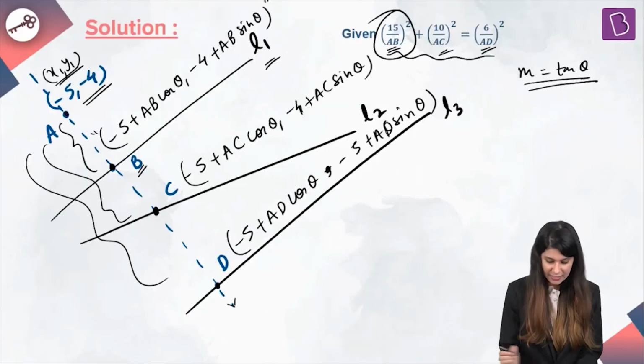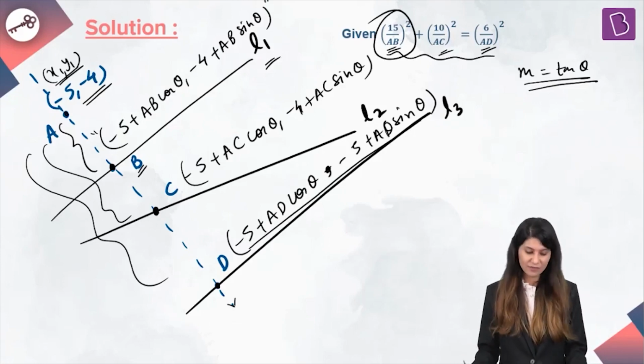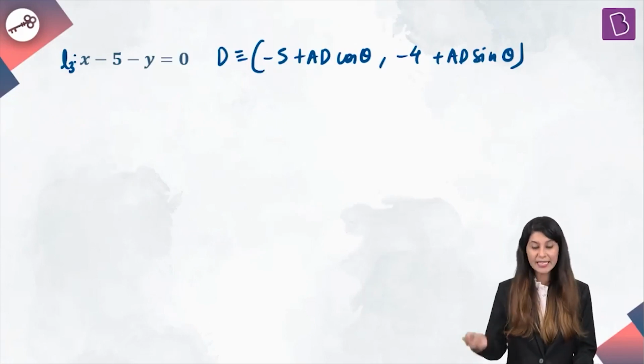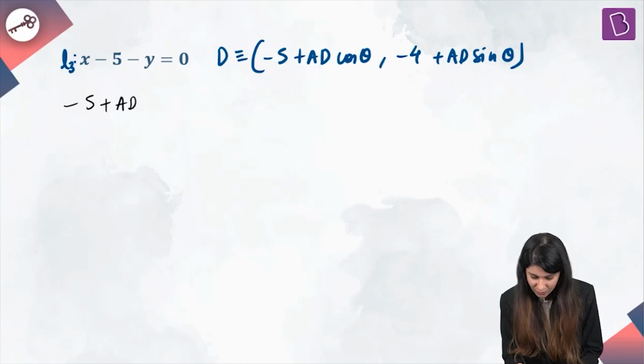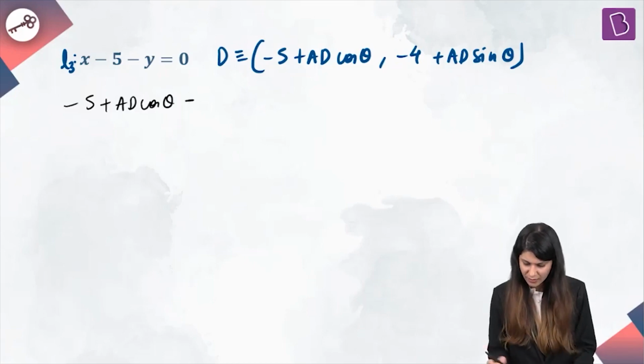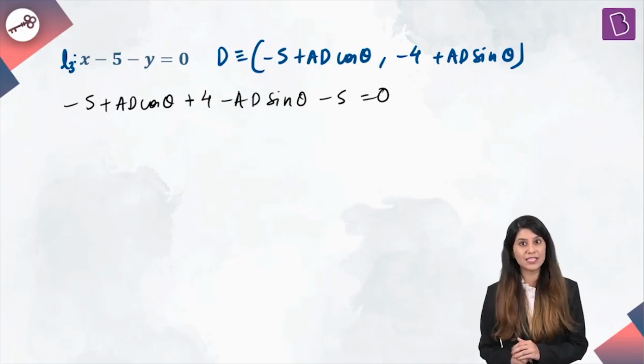Let's talk about D. Coordinates of D are there and we do know the equation of line L3. Let's satisfy D in L3. If I do that, what do I get? Minus 5 plus AD cos theta minus 5 minus y. Okay, so minus y, so plus 4 minus AD sine theta minus 5 equals to 0.